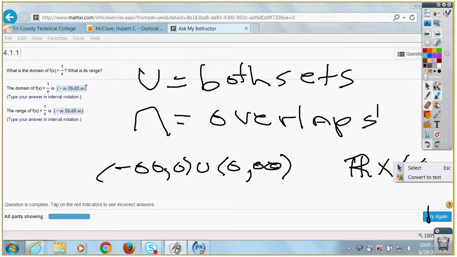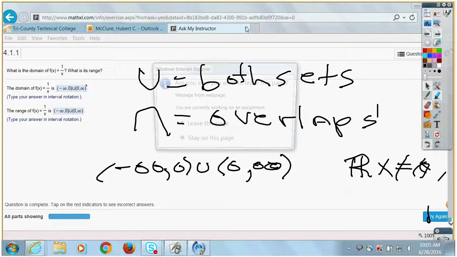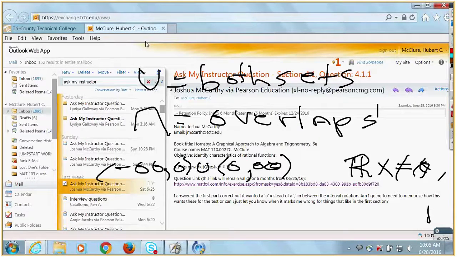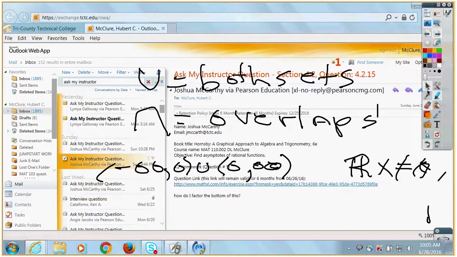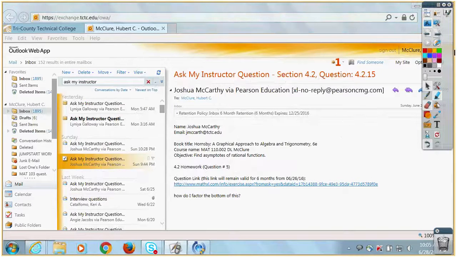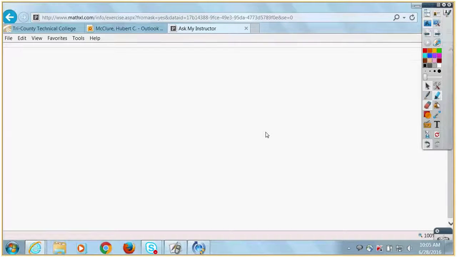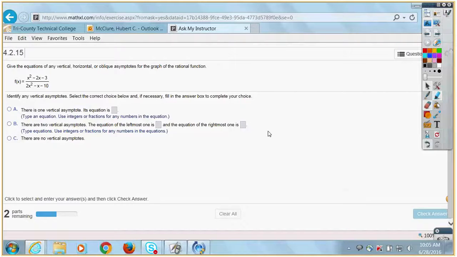Let's go back and find another. The next question is 4.2, number 5. This is a question with give the equation, vertical asymptotes, and all that good stuff.